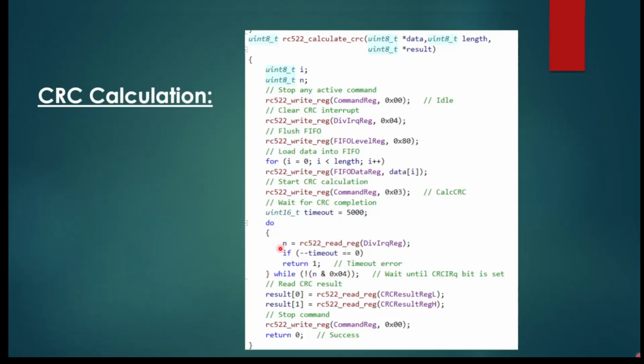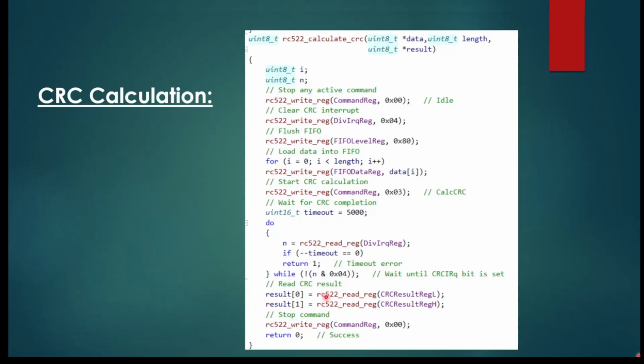So basically, I get into the do while loop and I ask for the value of the interrupt register, and if the value is hex 04, then I know that the CRC has been calculated and it's ready for me to go and get.